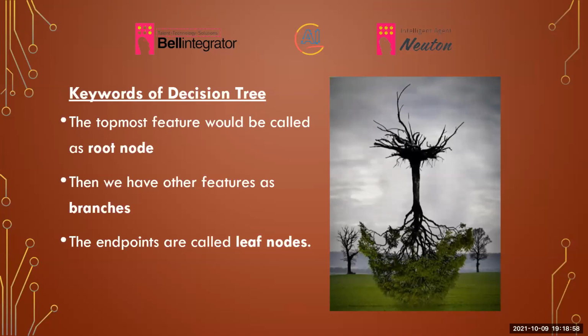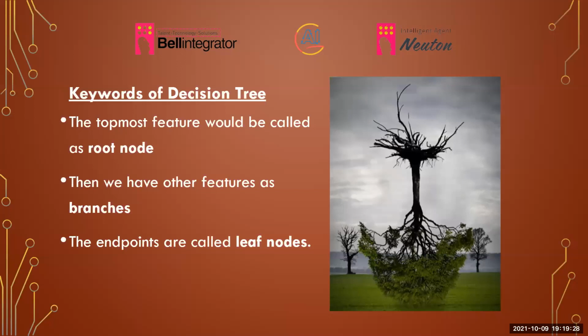You might ask me why. To tell you that the roots come first and the leaves are the end of it. To understand this, the topmost or most important feature, or the feature most correlated with your outcome or predictor, will be your root node. And from there, you might have several branches, several leaves.